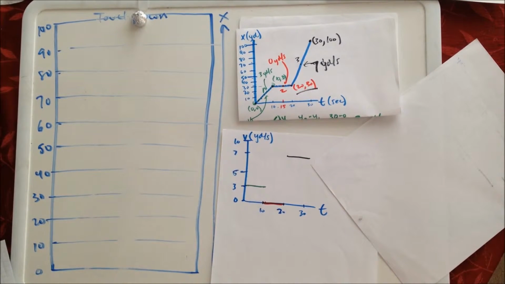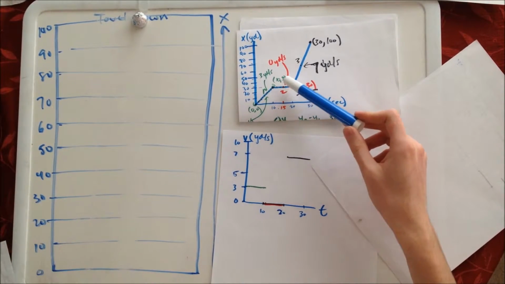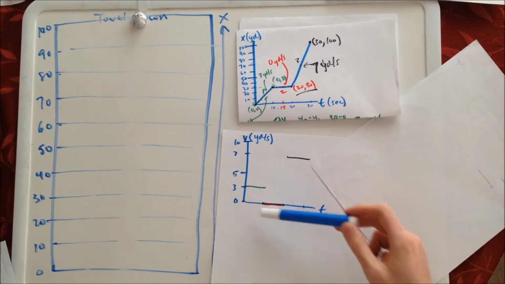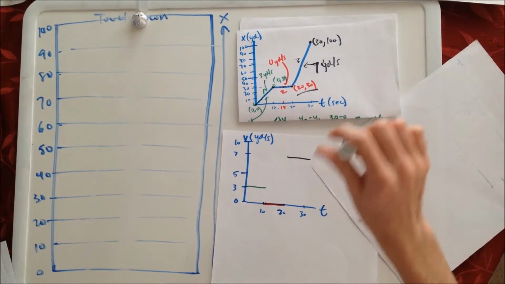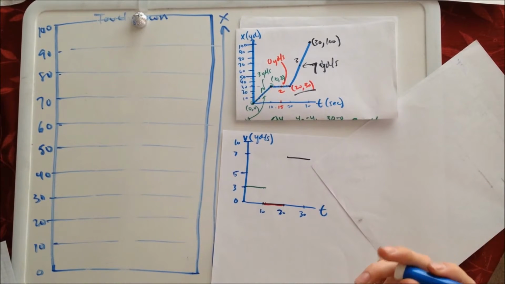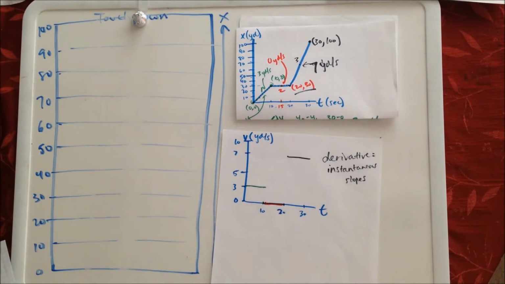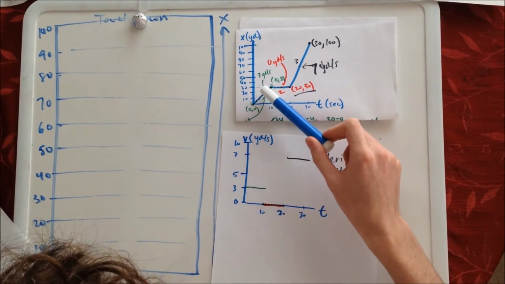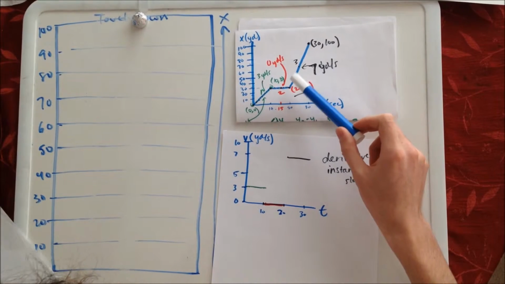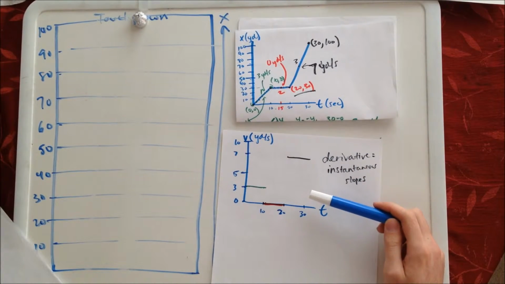So by doing this process of finding the slope at different times on this graph and then graphing it down here on a separate graph, we're doing what's called taking the derivative of the distance versus time graph. So taking the derivative is basically just finding the slopes at different instances in time in one graph, and then making it another graph.